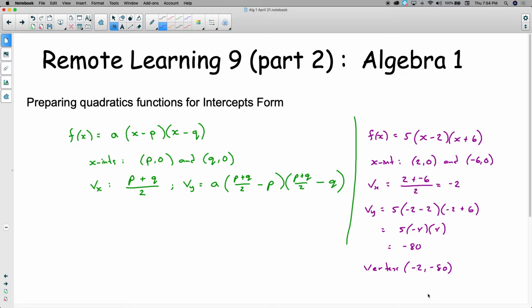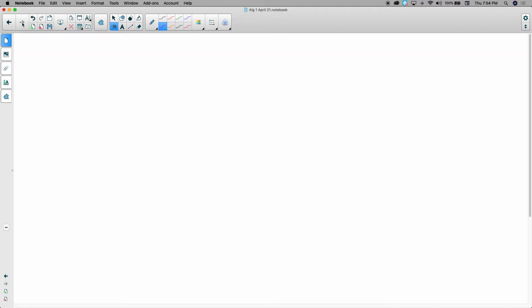Now then, this one was in intercept form, so that's not what we're after. In part 2 here, we're going to be preparing quadratic functions for intercept form, so let's get into that. Now then, my directions are going to be for you to find the x-intercepts, the vertex, and graph.